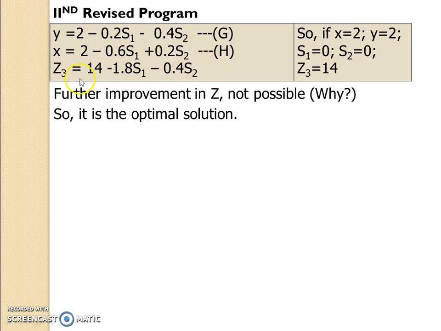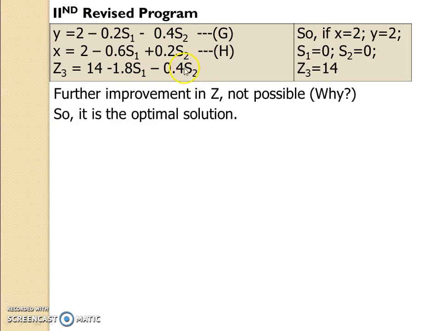Now if we look at the objective function, we don't have a positive coefficient for any of the variables. Therefore, further improvement is not possible. If you try to bring in 1 unit of S1, then Z will be reduced by 1.8. Similar is the case of S2.